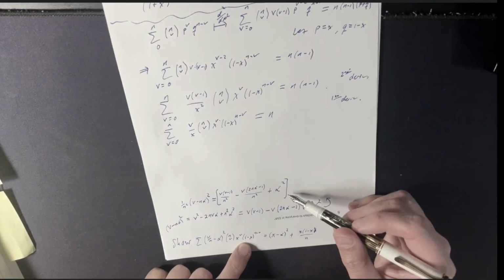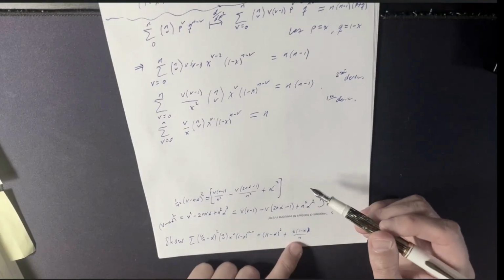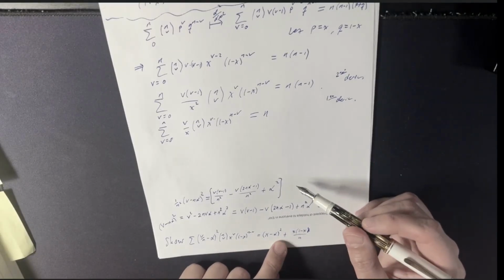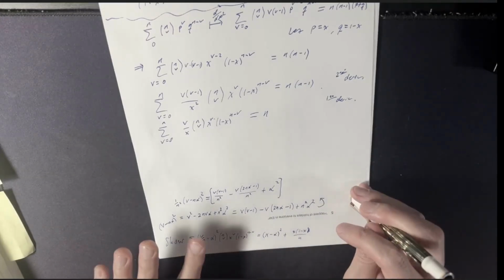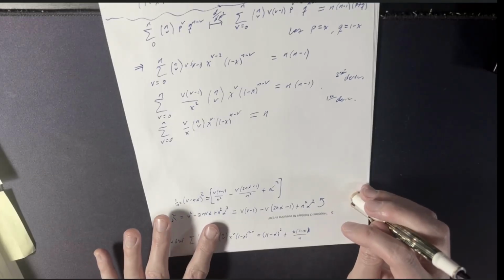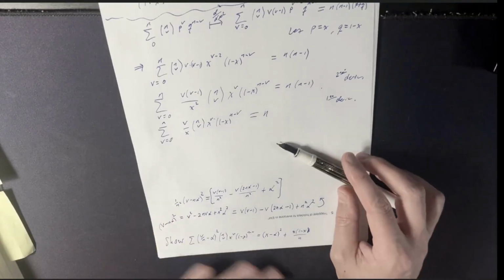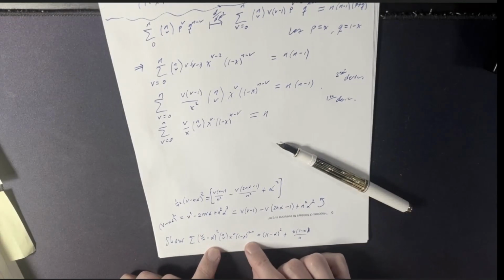The alpha squared part kind of takes care of itself. I'm supposed to show it equals this. Huh. I would have thought that alpha squared times this would just equal alpha squared.